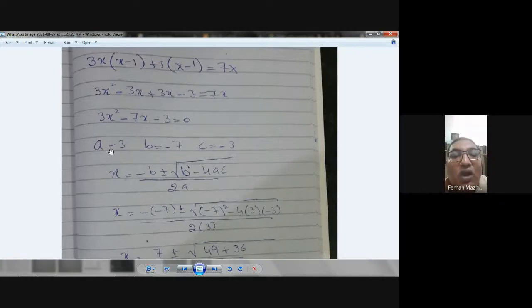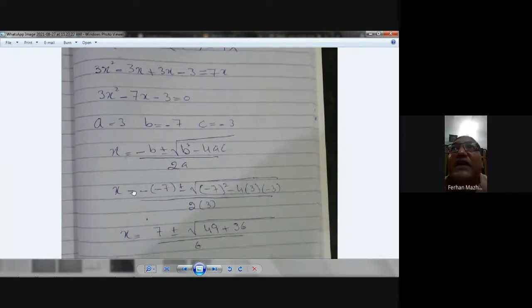I'm going to solve it with the help of the quadratic formula. The quadratic formula is x equals minus b plus minus under root b squared minus 4ac, divided by 2a. The value of b is minus 7, the value of a is 3, and the value of c is minus 3. I will substitute those values into the quadratic formula. Minus and minus 7 will become 7.